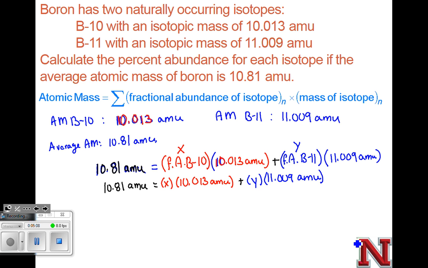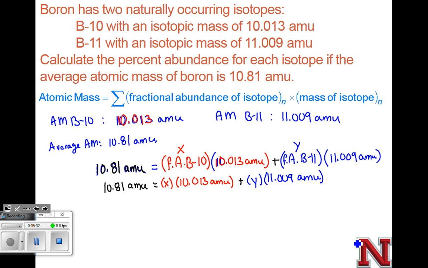So there's one thing that we do know, of course, is that my fractional abundance of boron 10 plus my fractional abundance of boron 11 is going to be equal to 1. And I know that because that's what fractional abundance just means. If I only have two isotopes, a fraction of one plus a fraction of the other is going to equal my whole, my 1.